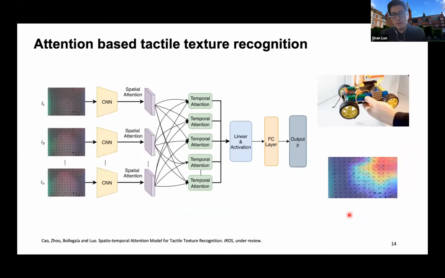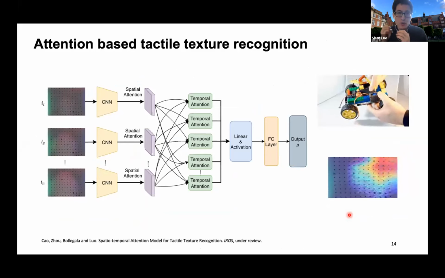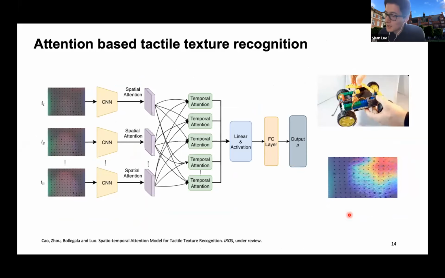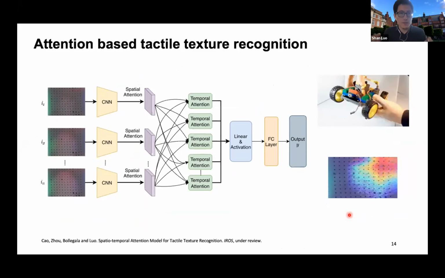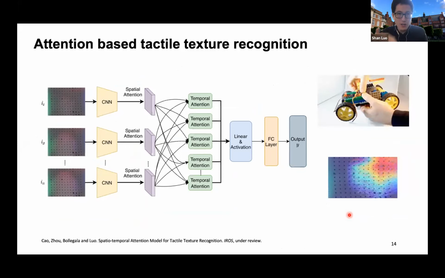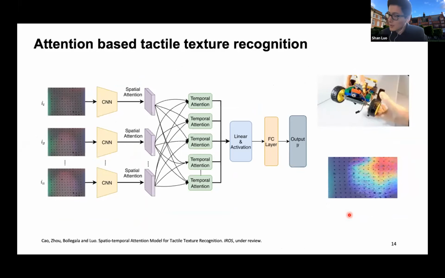For the previous methods, we saw how we use traditional handcrafted features for predicting the shape and pose of objects. But we can also use deep neural networks to have these features automatically learned. Here is one of our most recent works using attention-based networks for tactile texture recognition.